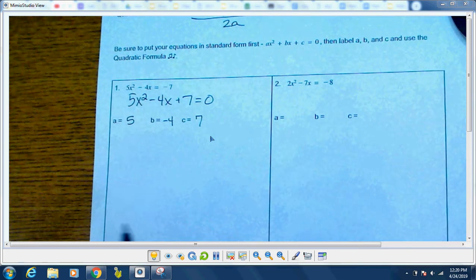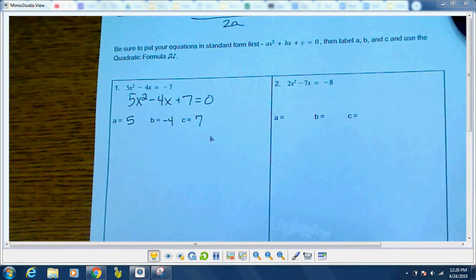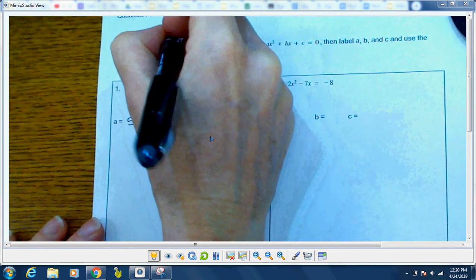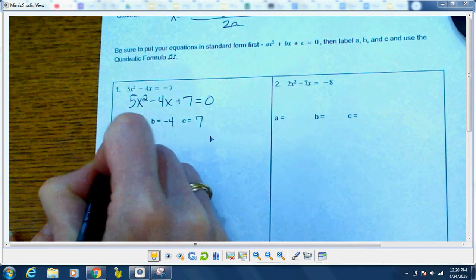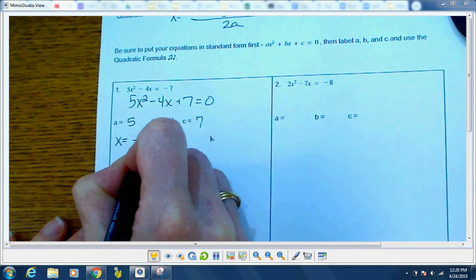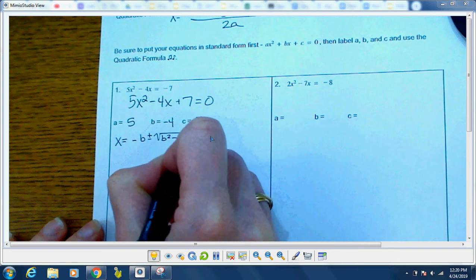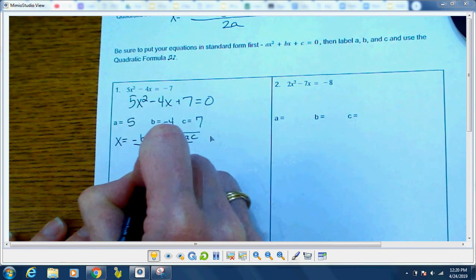So now I'm just going to solve for this using the quadratic formula, and my answer will have an imaginary element to it. So x equals the opposite of b plus or minus the square root of b squared minus 4ac all over 2a.